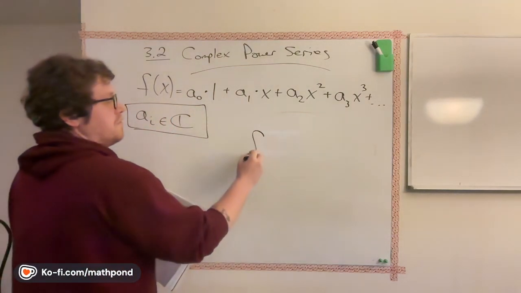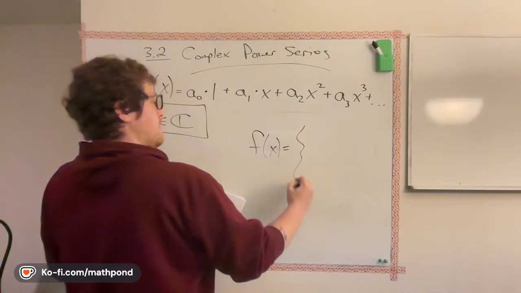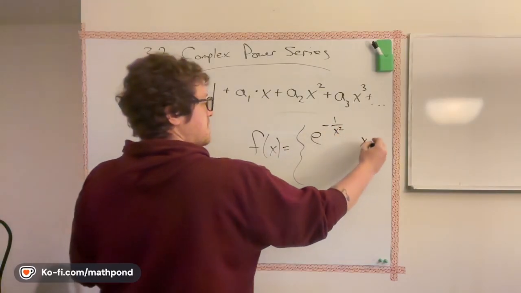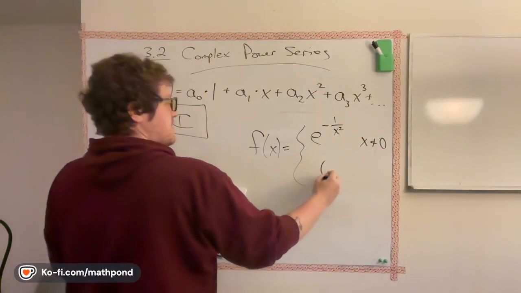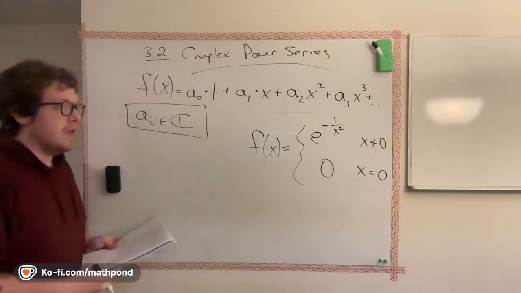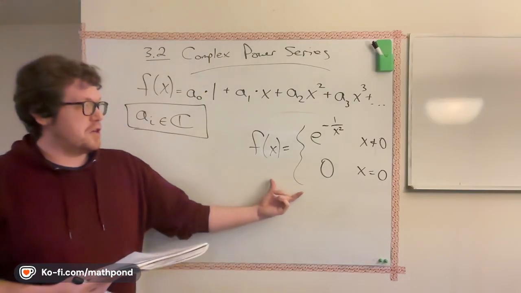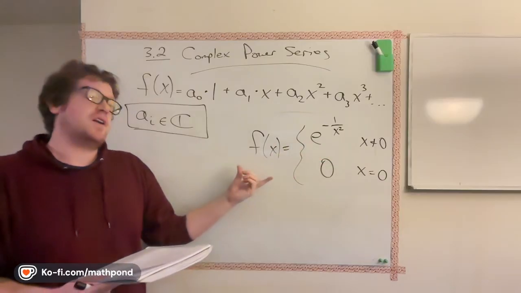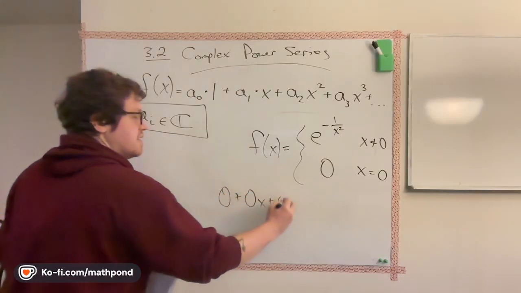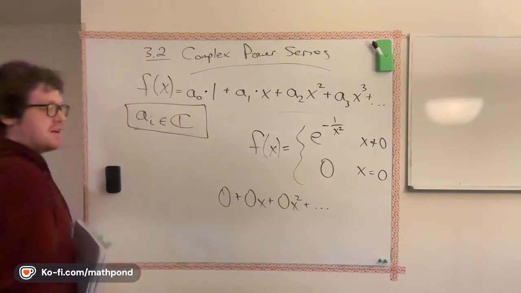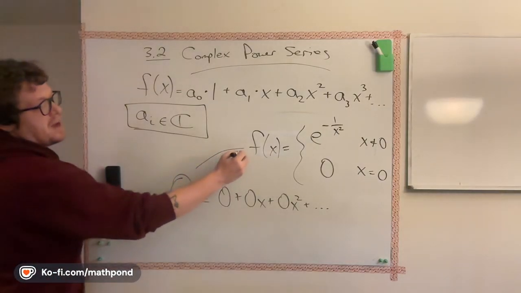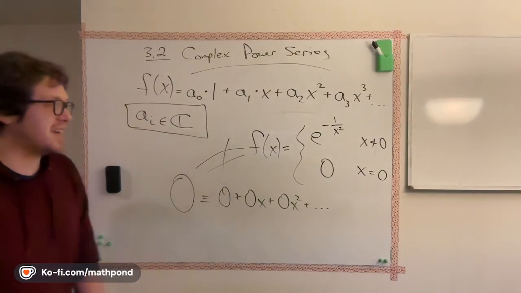This is a real function. f of x is e to the negative 1 over x squared if x is not equal to 0, and it's 0 if x is equal to 0. Then in the book they show that all the derivatives at 0 are just 0. So if you were trying to expand this as a Taylor series, you would think it would just be 0 plus 0x plus 0x squared, etc. But this is just the 0 function, right? So these two are not equal to each other, and that's sort of an issue.